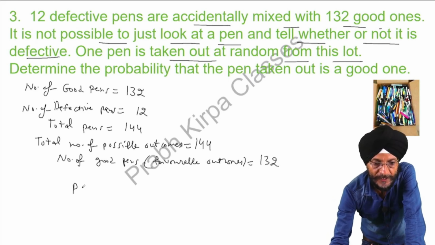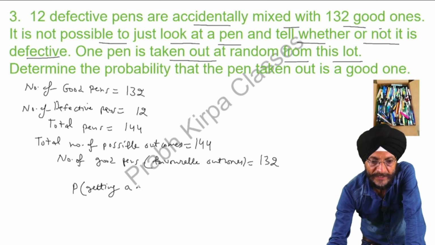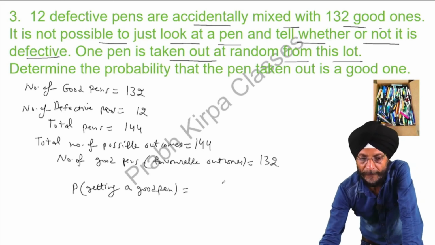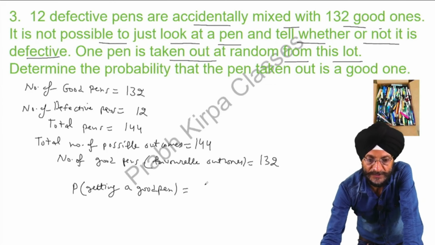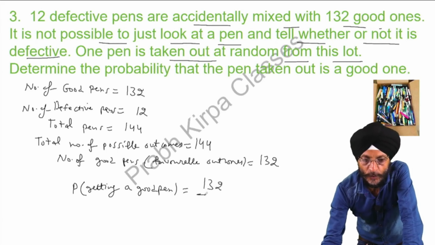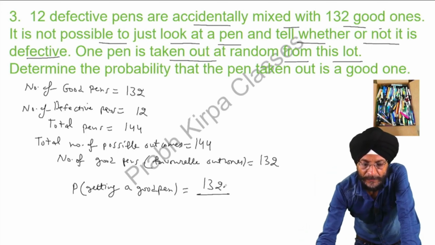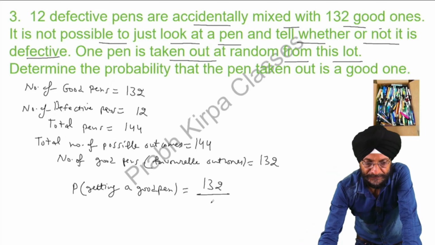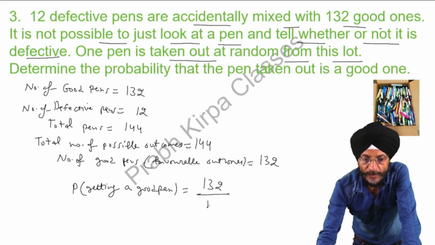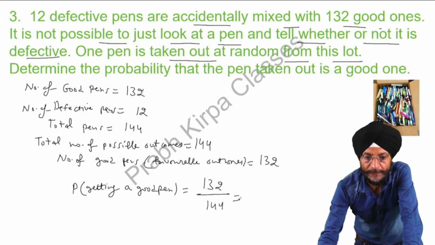So the probability of getting a good pen is equal to the number of favorable outcomes, 132, that is the number of good pens, divided by the total number of pens or total number of possible outcomes.